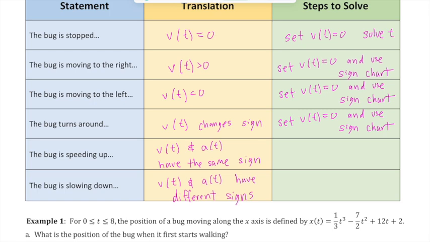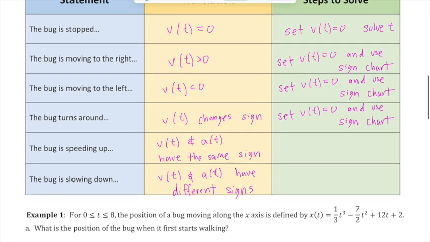And I guess the best way to denote this is if your velocity is going this way, but your acceleration is decreasing, then you would be slowing down. And then if your velocity is going to the right and your acceleration is going to the right, you're speeding up. So I guess that's the best way to think about it.